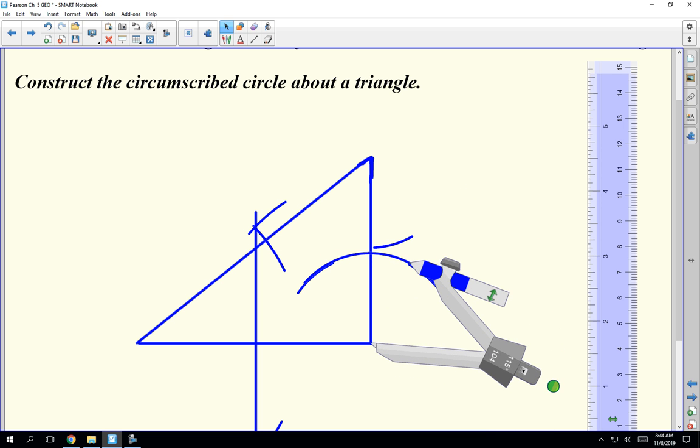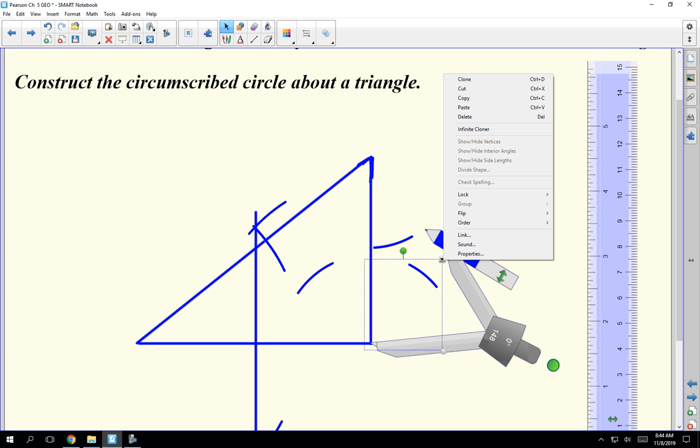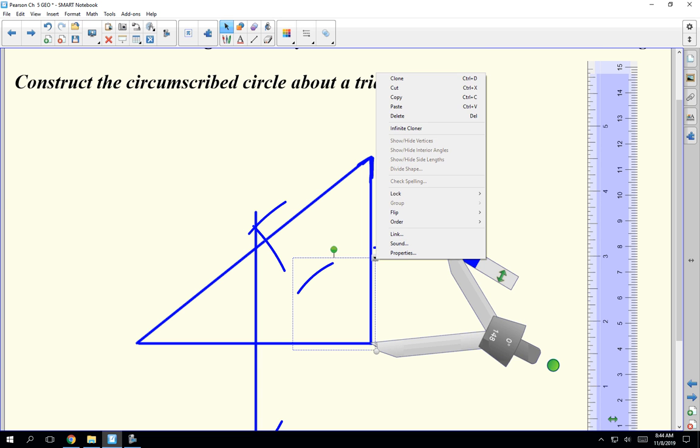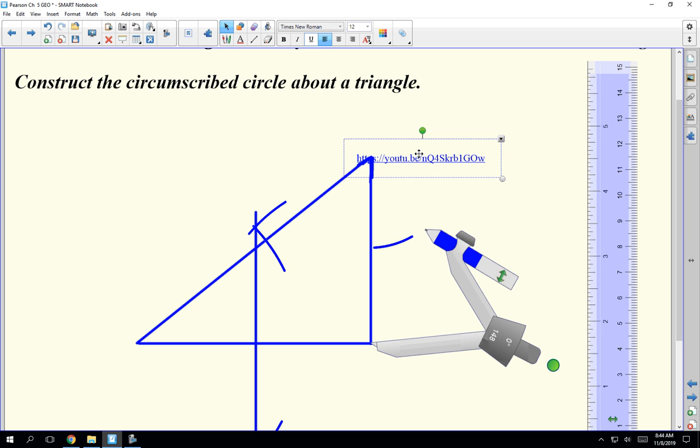Oh, it's not quite halfway, that's why. Reset. Oops, don't paste. Sorry, one of my videos, I just pasted the video links. Okay.